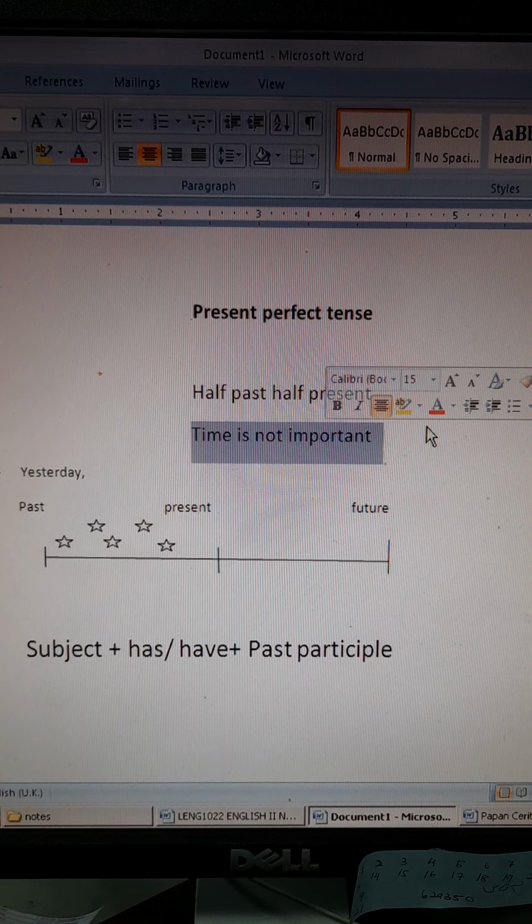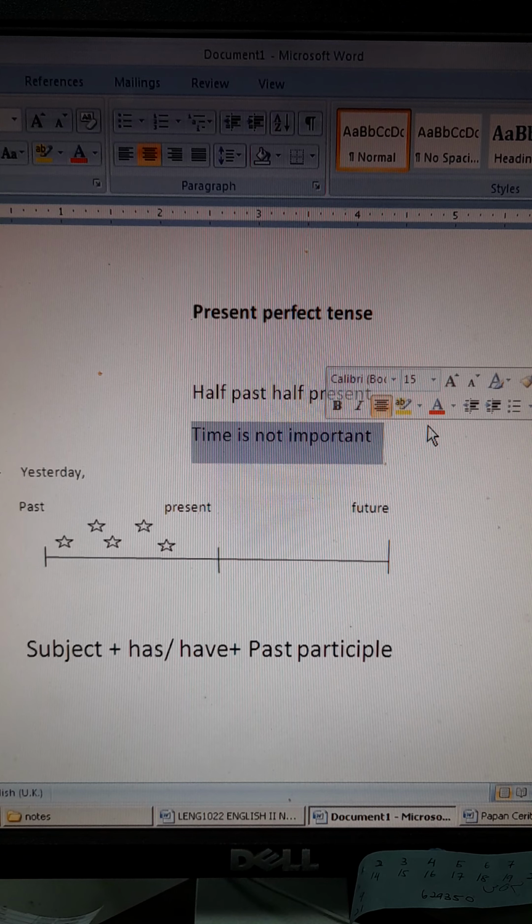Okay, time expression is not important because you have to know how to differentiate the time here, because sometimes it might be confusing. The tip here is you need to be aware of finished time and unfinished time. For example, last week is finished time because we are no longer in that particular week.